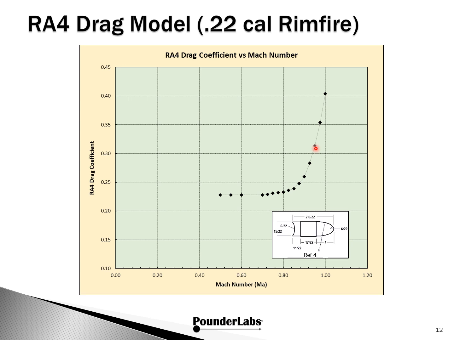But because the G1 is more established, a lot of times 22 rimfire ballistic coefficients are given relative to the G1. But for precise work, it's important to use the best drag function model possible, and in the case of 22 rimfire, that's the RA4. We'll show how this compares to the others in just a moment.